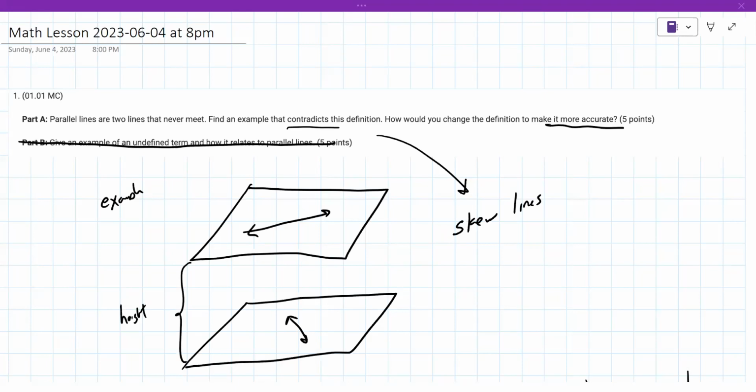Then some differences are that when you bisect an angle, you get two angles.